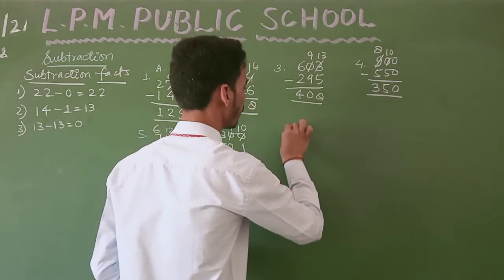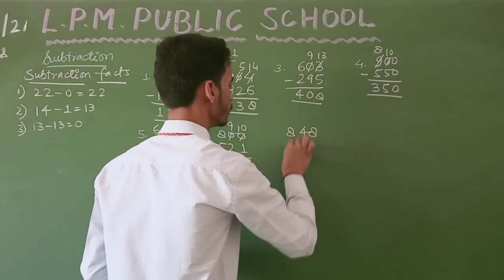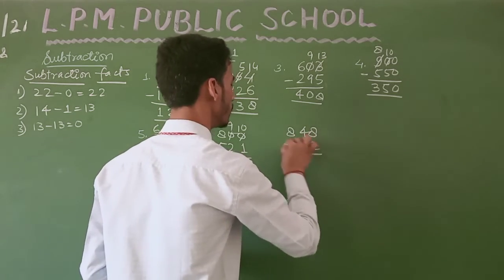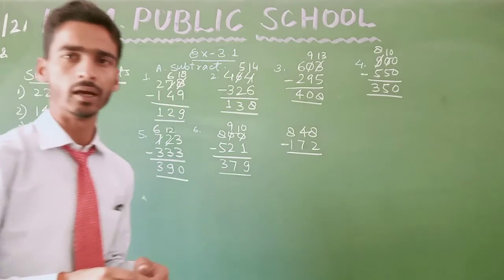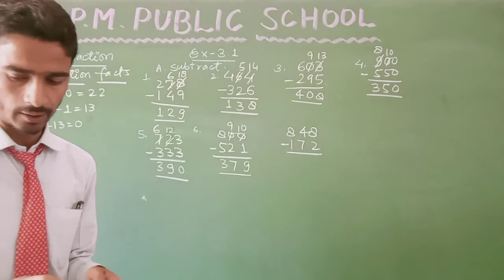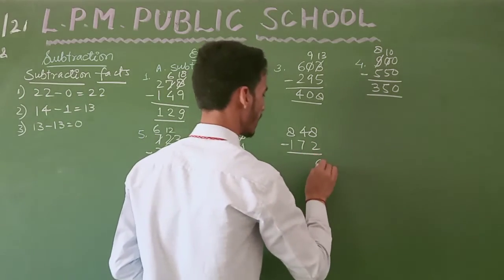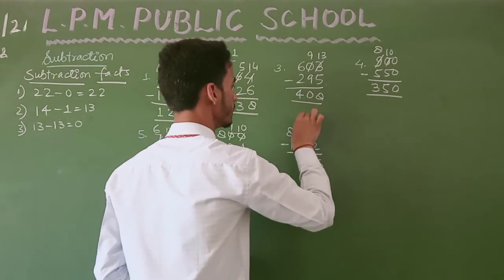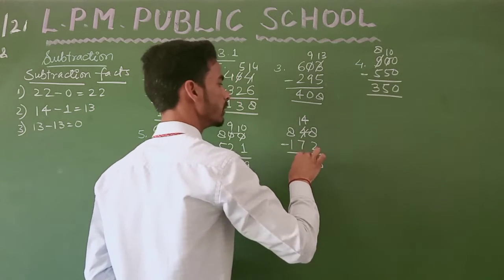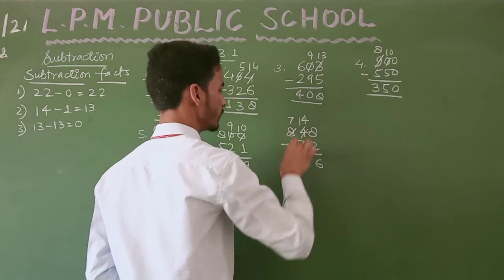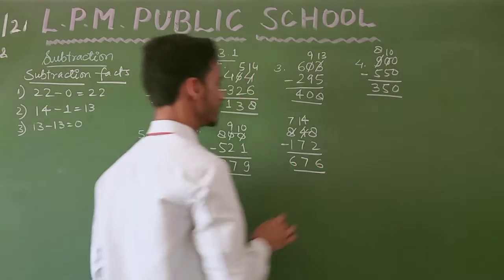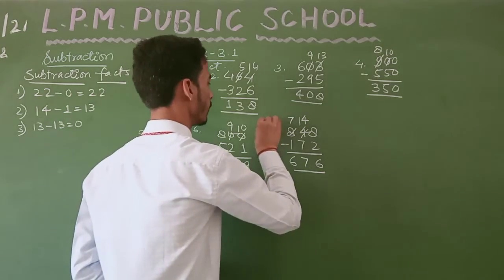Question number 7 is 848 minus 172. 8 minus 2, 6, and that will be 14 minus 7, 7, and that will be 7 minus 1, 6. So 676.